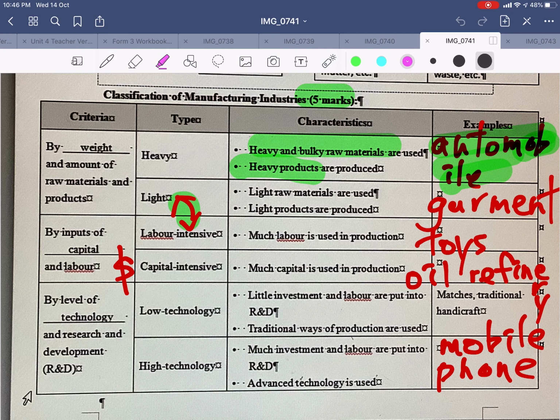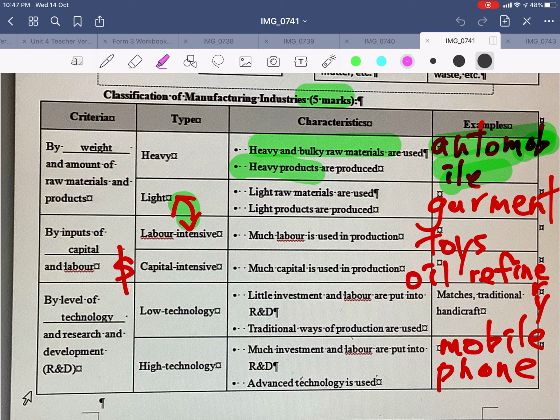How about high technology? High technology, just like the iPhone. Today is October 14, as you can see on my iPad, and today is the release of the iPhone 12. You have heard that a lot of different kinds of high technology are built into the iPhone, for example 5G and the OLED monitor.